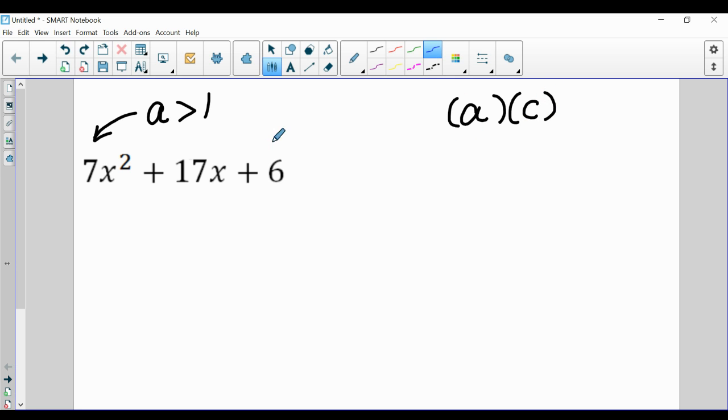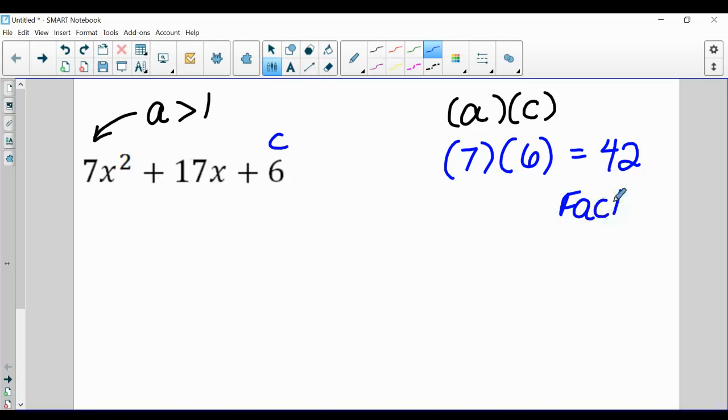First, we'll take our a value, which is positive 7, and our c value, which is positive 6, and we'll get 42. You want to find factors of 42 that will add up to be the middle term, which is 17.